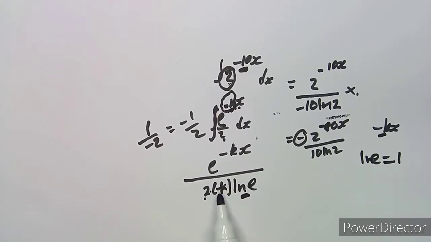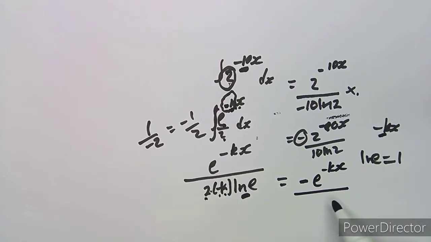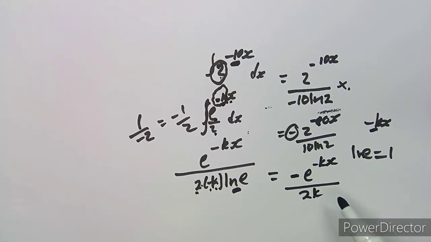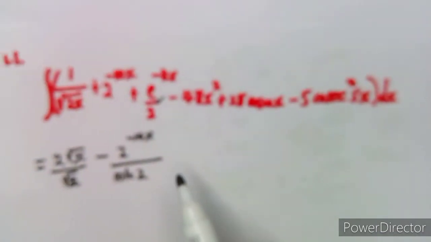So it's going to be 2 times minus k, which is minus 2k, of which I told you you can write the negative on top. So it's minus e to the exponent of minus kx over 2k, because it was minus 2k, so you wrote the negative on top, so it's going to be positive. And we said ln e is 1, so it can be just 2k. All right, so that is what you're obtaining from e.